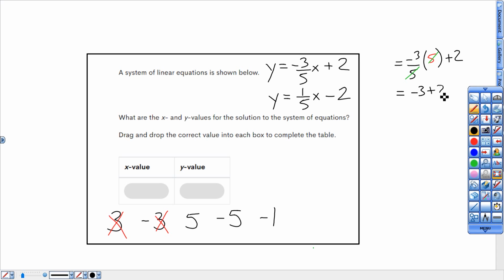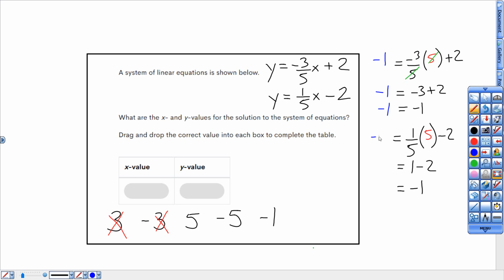And then when I add that to 2, -3 plus 2 gives me -1, which means technically when I plugged in that 5, the y number that got spit out is -1. So let's see what happens when I plug in that 5 into my second equation. I got my 1/5 right there. I'm going to plug in my 5 for x on this one, -2. That gives me 1 minus 2, and if I did this correctly, that is another -1.